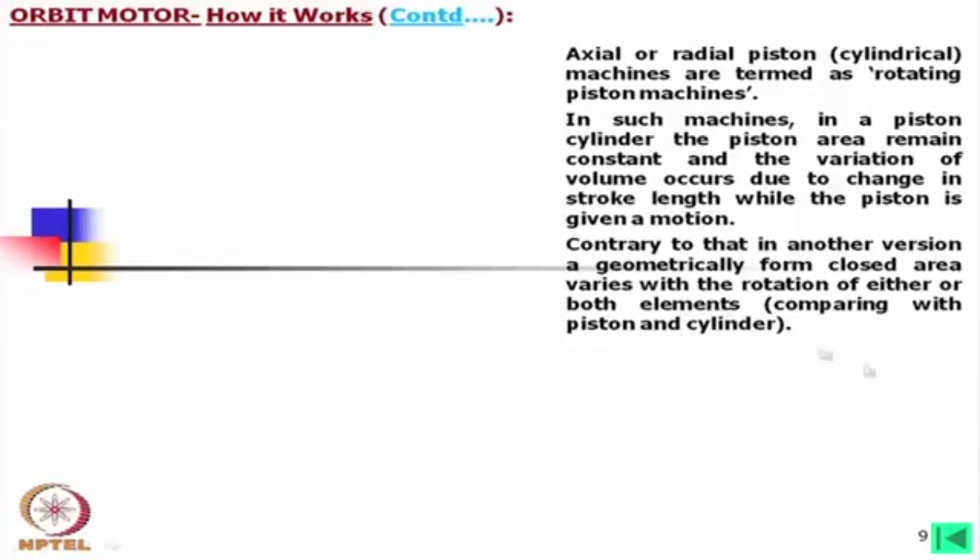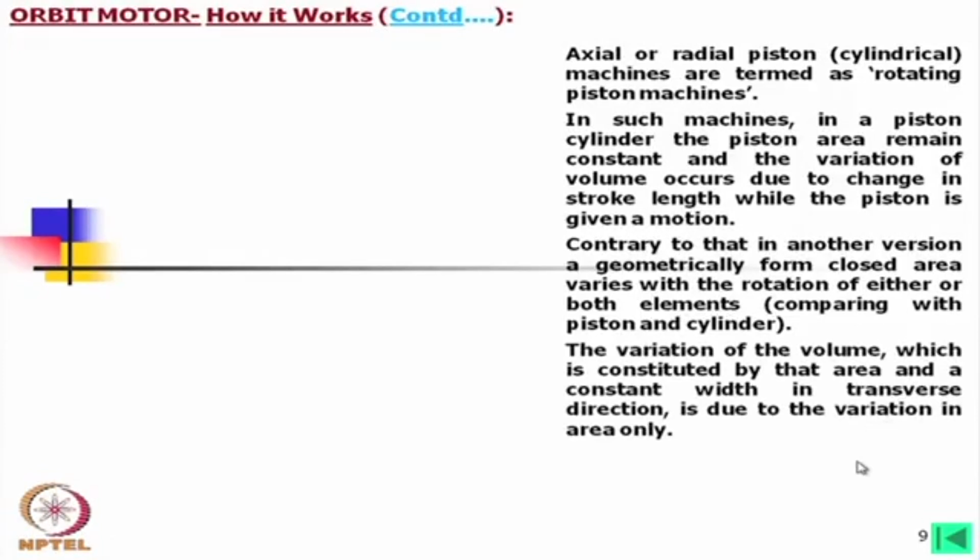Comparing with piston and cylinders, the variation of the volume, which is constituted by that area and a constant width in the transverse direction, is due to the variation in area only. This means that the variation of volume is equal to the variation of area into the constant width.